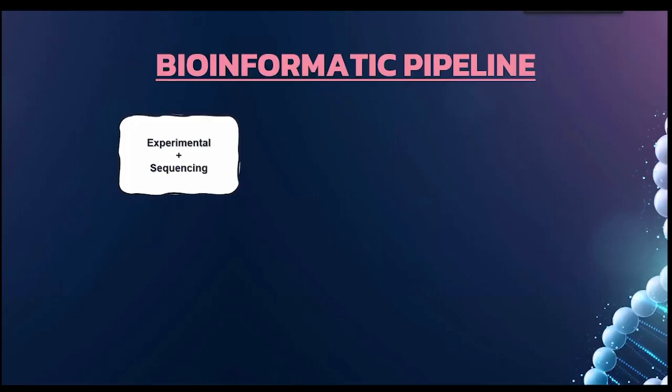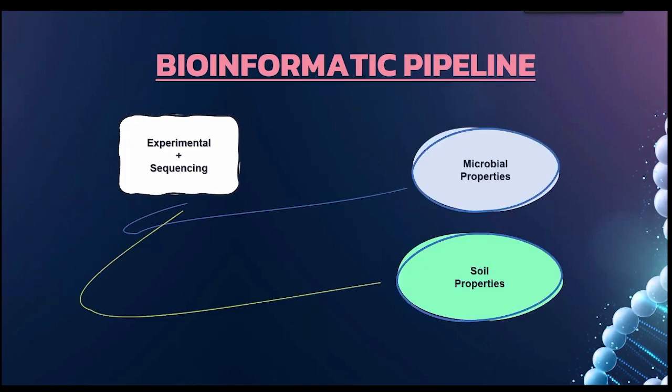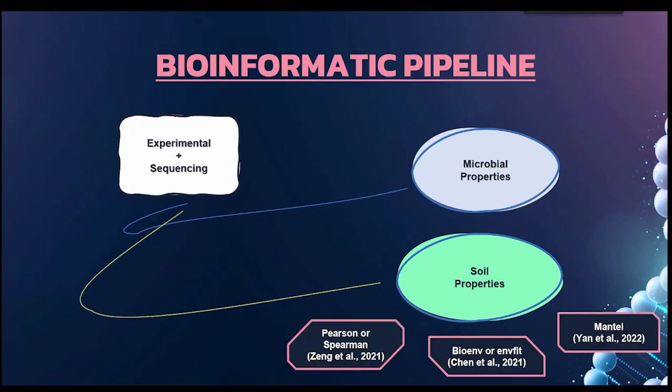Well, now I want to speak briefly about, for example, the techniques you can use if you want to analyze together the microbial properties and also, in my case, soil properties. You can use, for example, the correlation, Pearson or Spearman, different functions like bioenv or envfit, but you can also use the Mantel test.